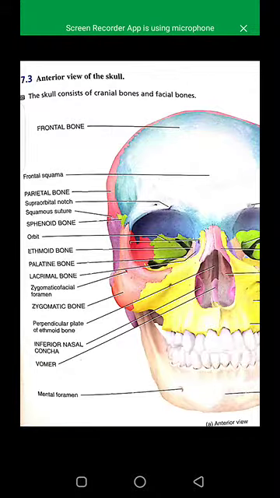Now below the orbit there is the zygomaticofacial foramen, small foramina for the various arteries and veins. Okay, now the next is the zygomatic bone.